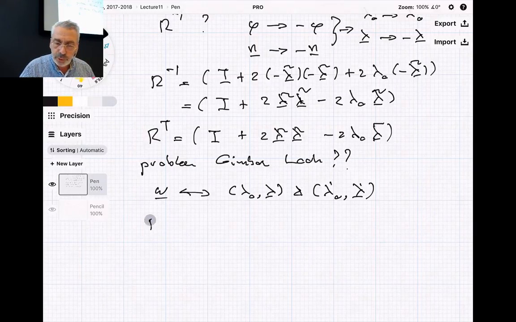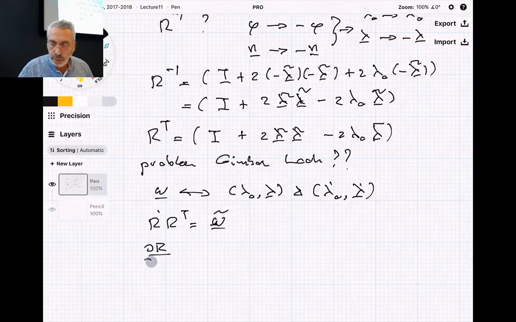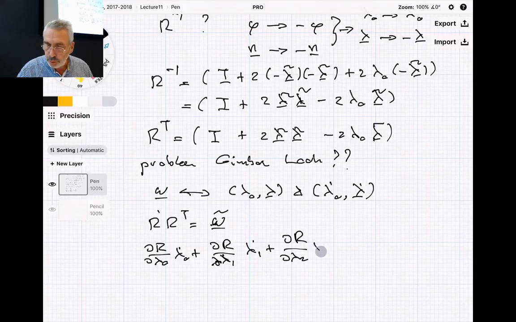Now we have the definition, of course. R dot R transpose is this omega tilde, right? And from that one, you can, of course, develop these expressions, because you can take the partial derivatives: dR d lambda 0 times lambda dot 0, plus dR d lambda 1 times lambda dot 1, plus dR d lambda 2 plus dR d lambda 3.